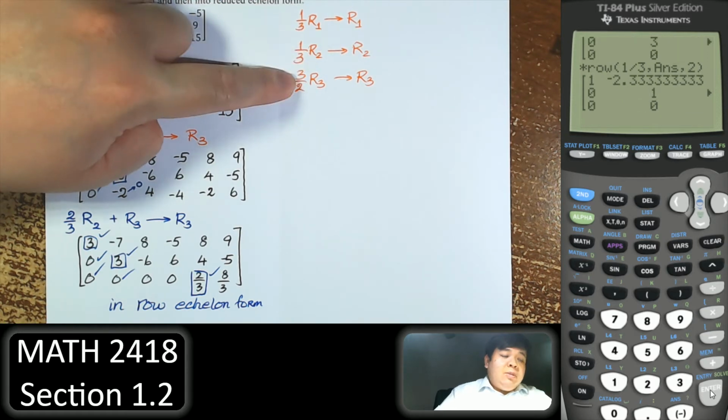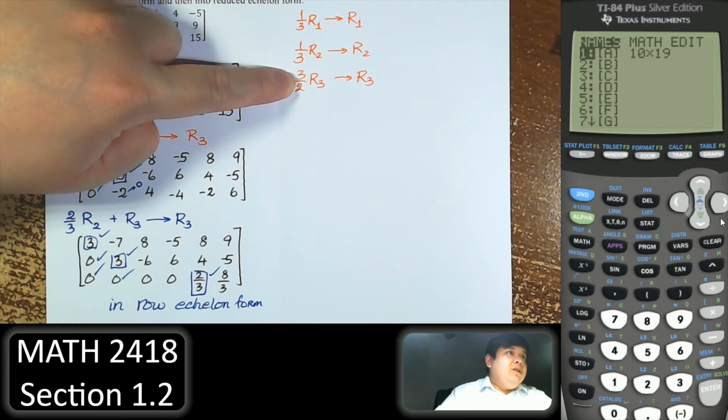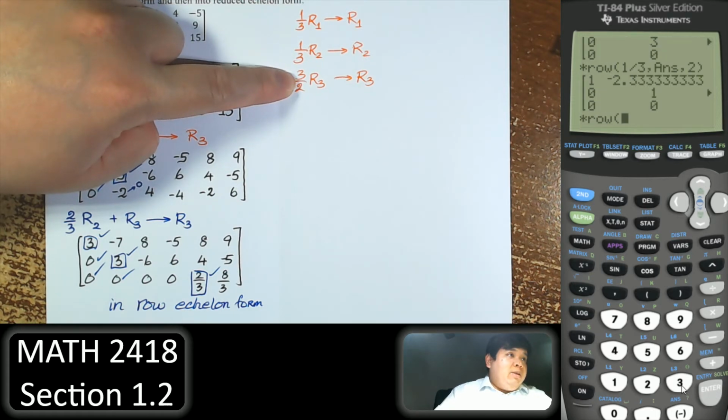Alright. Three halves, apply to the matrix, and that is row 3. Alright, now let's change this to fraction.